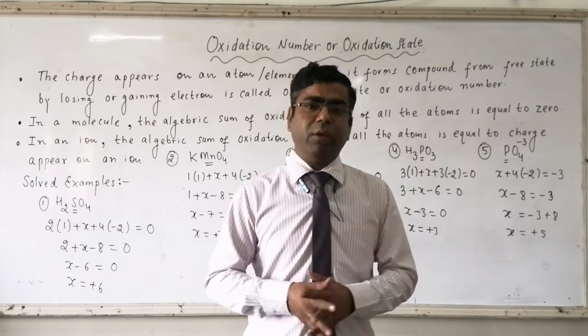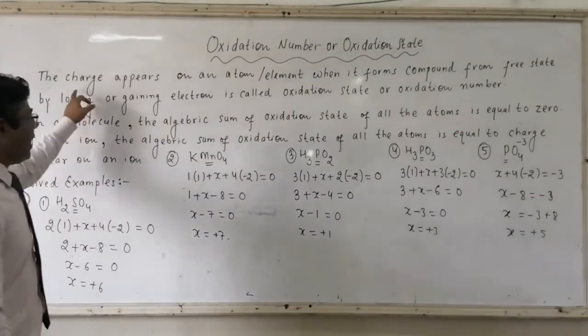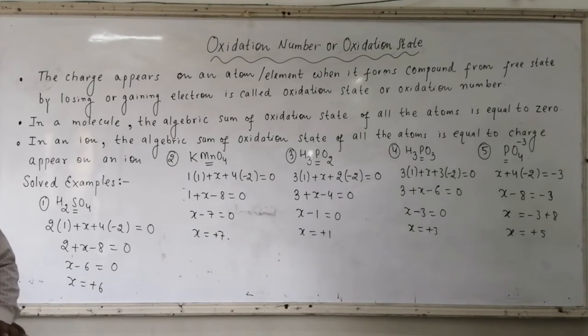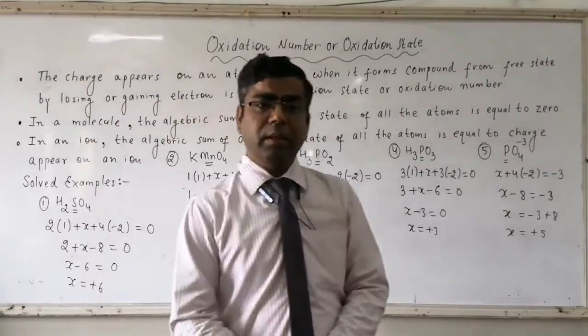So how can we define oxidation state or oxidation number? It's very simple. The charge that appears on an atom or element when it forms a compound from free state by losing or gaining electron is called oxidation state or oxidation number.